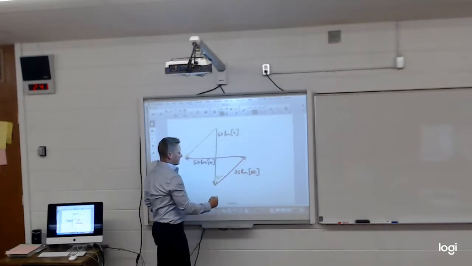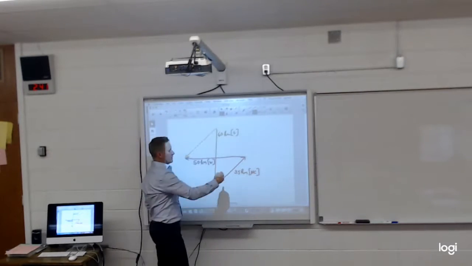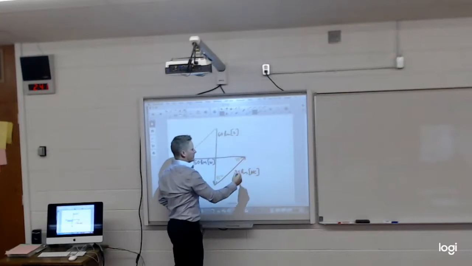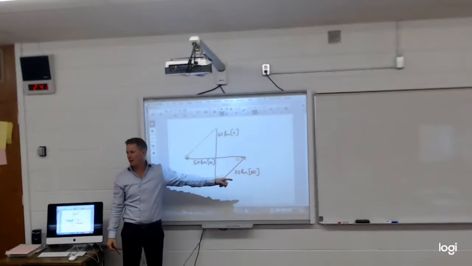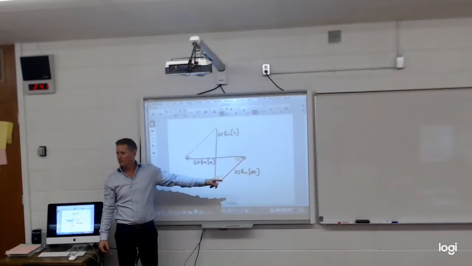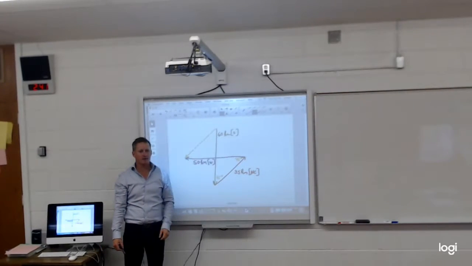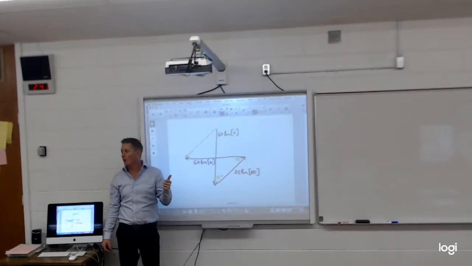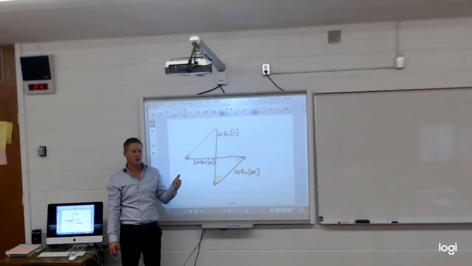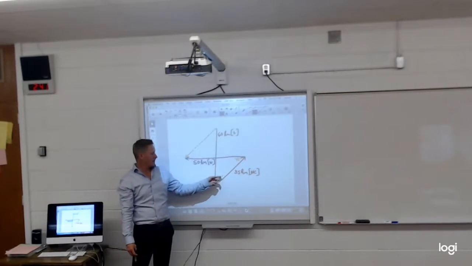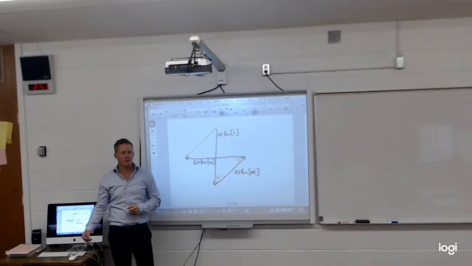We know all the angles. We know these ones right here are 45. We know this information from this triangle right here. So I can find that side and that side, because we also know that they're equal, because we have an equilateral triangle. And we have the hypotenuse measurement.